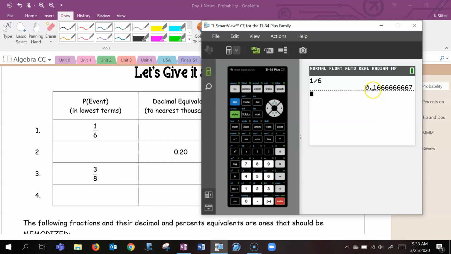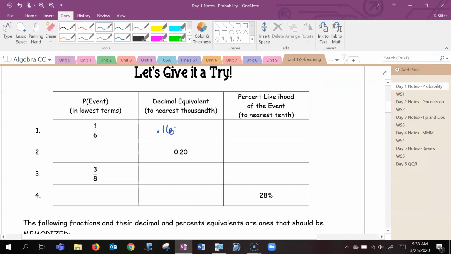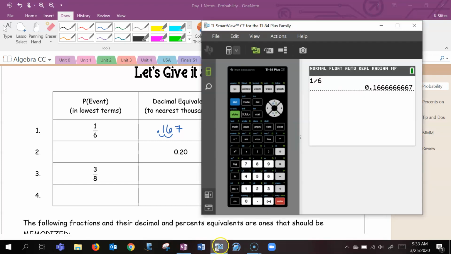So this will be 0.166, but then that 6 is going to move the other 6 up, so it'll become 0.167. Now, to get the percent, all you have to do is take your decimal and move it 2 to the right. So this would be 16.7%. Or you could take your decimal and multiply by 100.